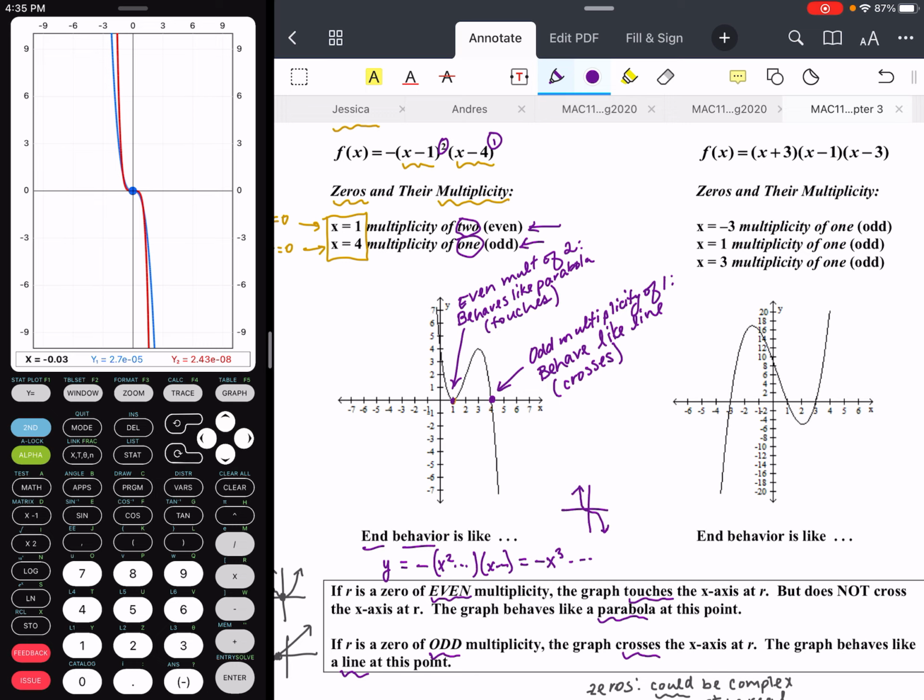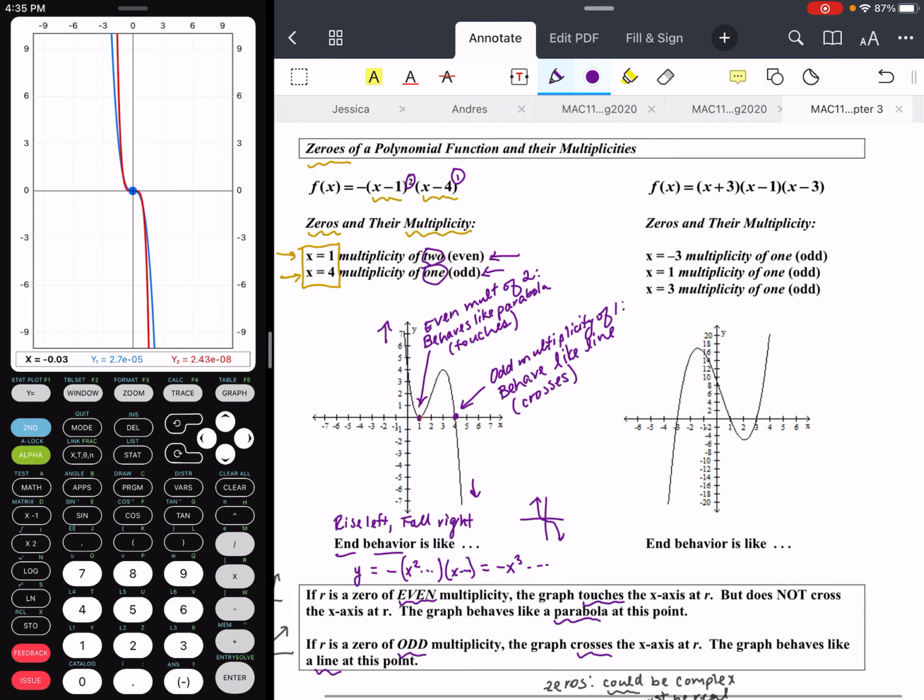So that's going to look something like this for the end behavior. It's going to rise to the left and fall to the right. We can see that on our actual sketch, rises to the left, falls to the right, and just confirming based on that leading term, we got the same results.